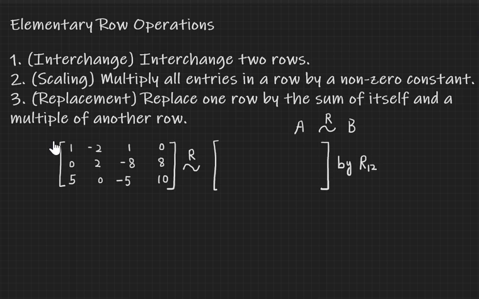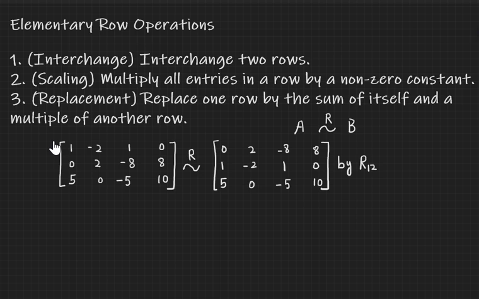Then the equivalent matrix would be: the first row becomes the second row and the second row becomes the first row. So that would be 0, 2, -8 and +8, and this would be 1, -2, 1, 0, and the third row remains the same because we are not working on the third row.